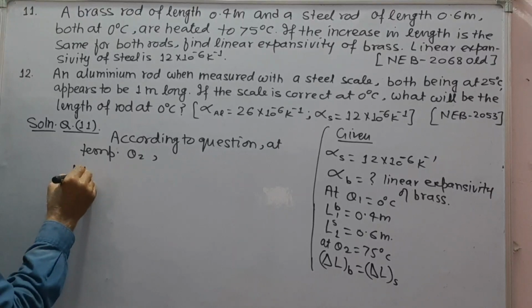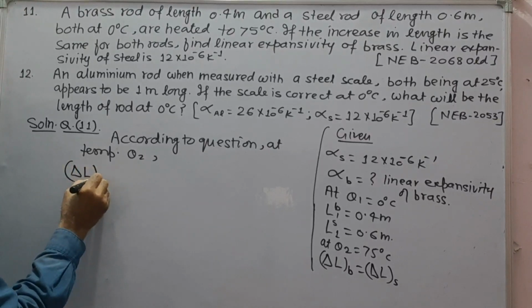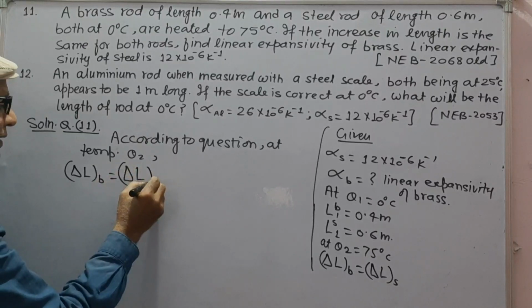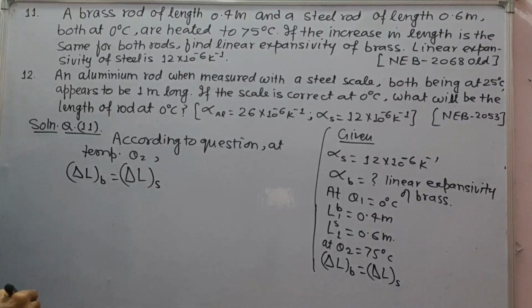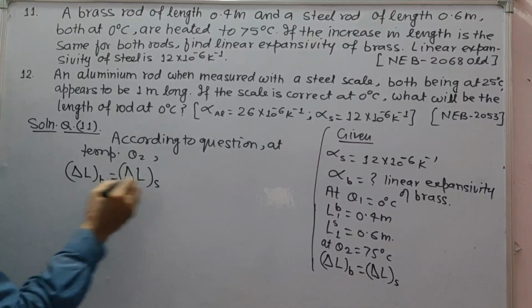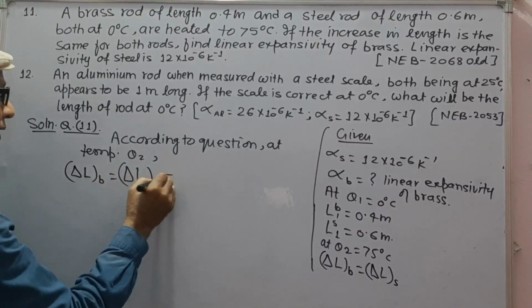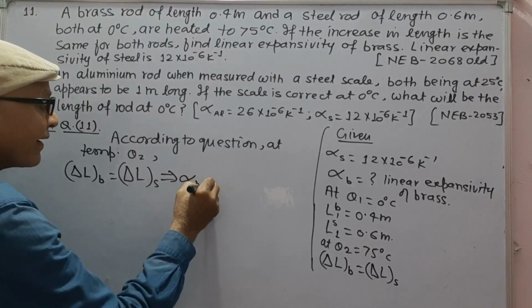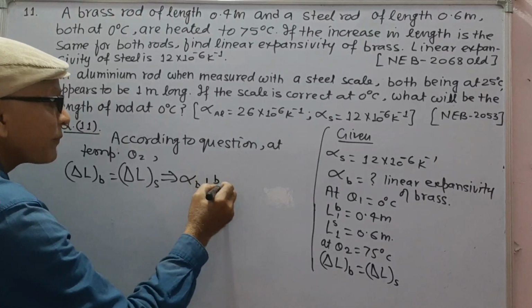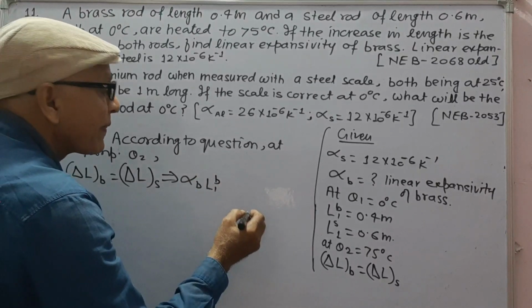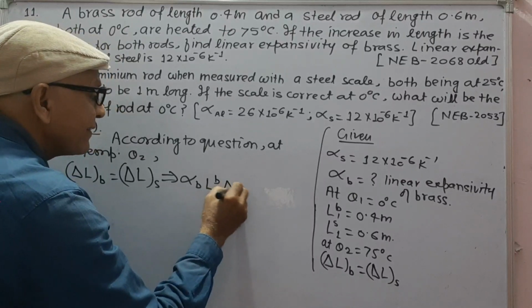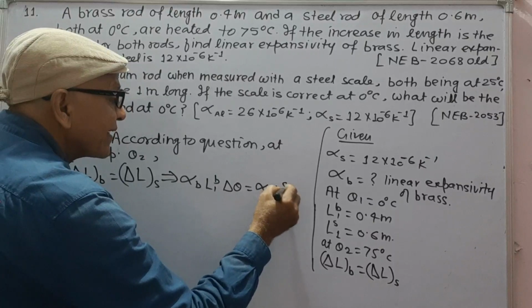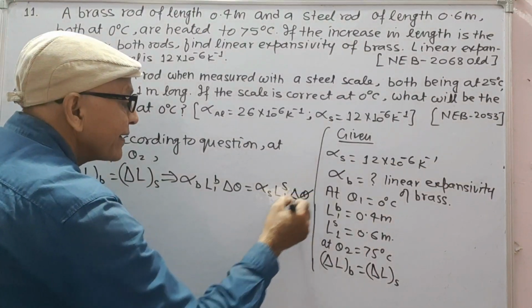So, delta L of brass is equal to delta L of steel, that is alpha brass L1 brass delta theta is equal to alpha steel L1 steel delta theta.